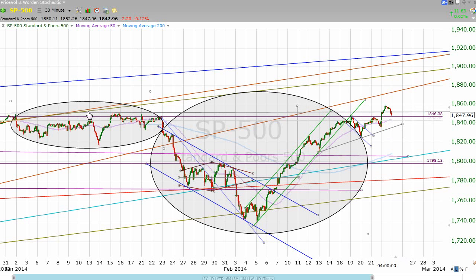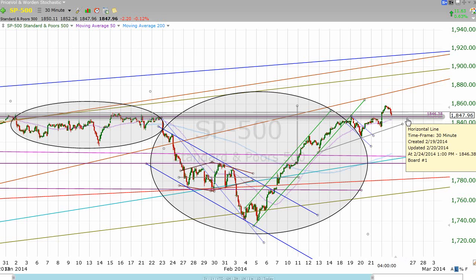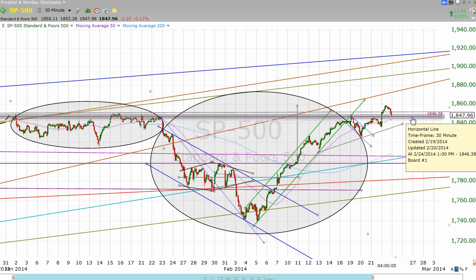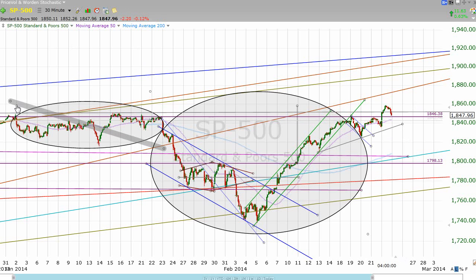And lo and behold, today, though not by a large margin, we traded above and closed a hair above our neckline for this inverted shoulder, head, and flipper pattern. Let's at least pay our flipper its dues by giving it its own oval.